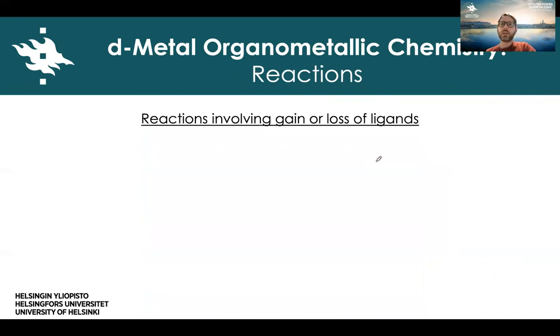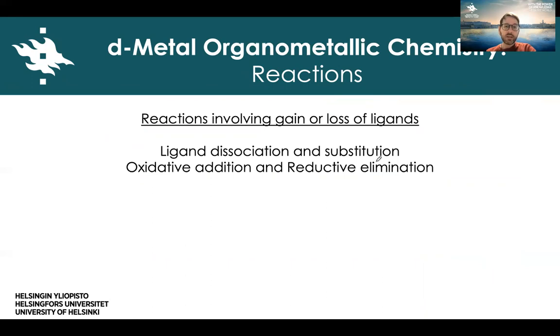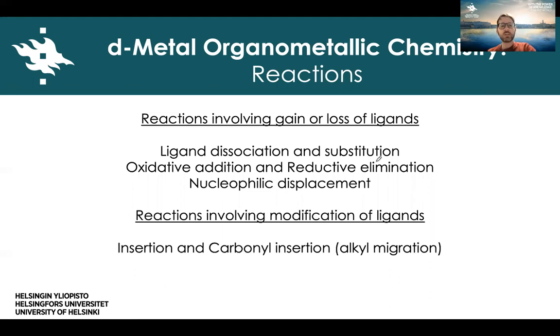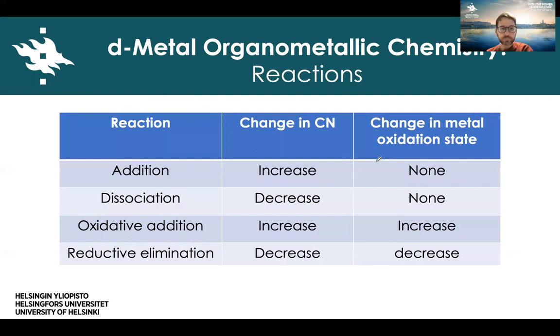Regarding reactions involving organometallic compounds, we can have reactions involving gain or loss of ligands, such as ligand dissociation and substitution, oxidative addition and reductive elimination, nucleophilic displacement, and also reactions involving modification of ligands, such as insertion and carbonyl insertion, hydride elimination, and abstraction.